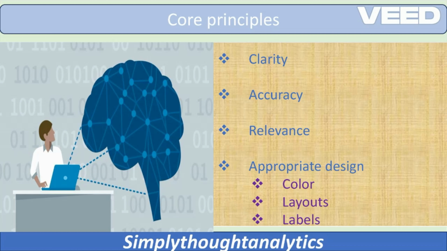It should be relevant to the kind of information that we want to express with it. And also the design. The design of the visual must be appropriate, for example, the color, the layouts, and the labels. So we look at different scenarios as we move on.